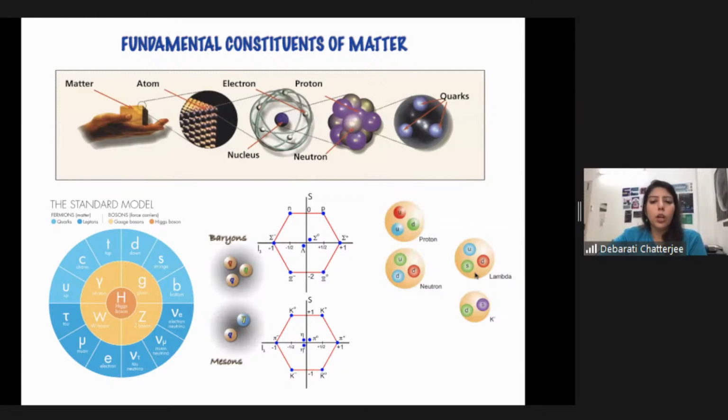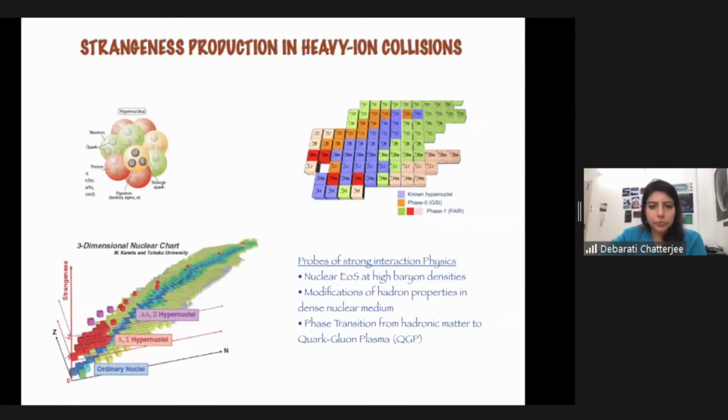Normally everything we see around us is composed of protons and neutrons, and these in turn are made up of up and down quarks. Whereas these heavy hyperons are made up of strange quarks, and these are massive. In general, in the densities we encounter on Earth, we don't see them, but you actually see them in heavy ion collisions. So strangeness is produced.